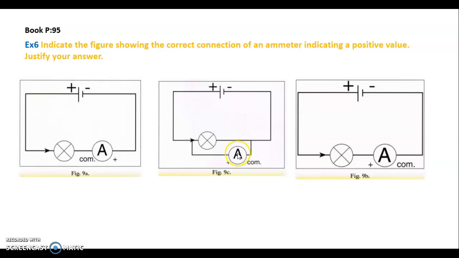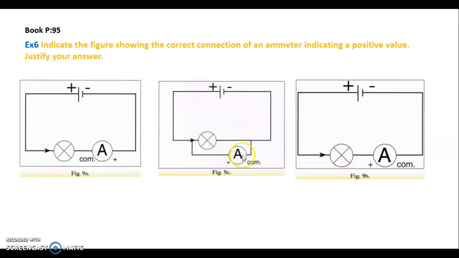Concerning series, the figure 9C doesn't show a series grouping because the COM terminal of the ammeter is connected to one terminal of the lamp and the other terminal. So for figure 9C, the ammeter is connected in parallel, not in series. Why? Because not only one terminal of the ammeter is connected to one terminal of the lamp.